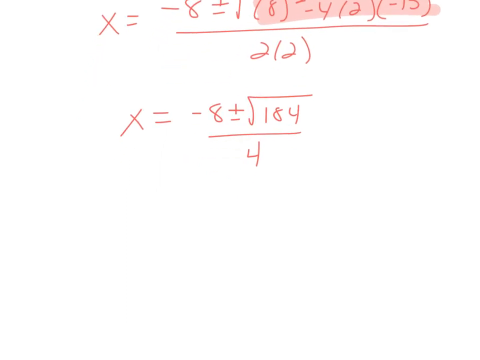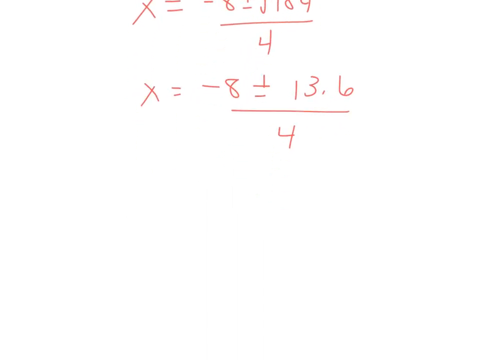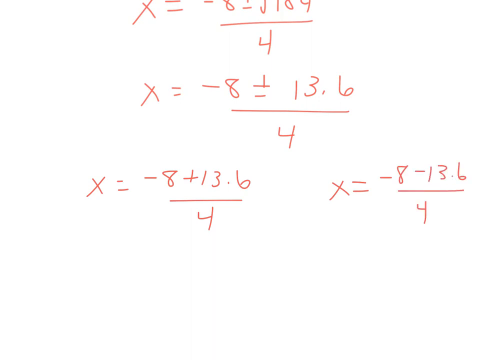So now the square root of 184, and remember, if you get a crazy answer there with a square root, push that double arrow, and when you round it off, you should get 13.6. Divide by 4. All right, so now let's break it up. I've got x equals negative 8 plus 13.6, divided by 4, and x equals negative 8 minus 13.6, divided by 4.